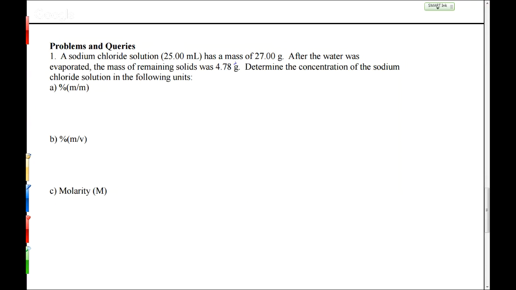All right, so we didn't really talk about mass by volume percent. So let's just go through some of these here.